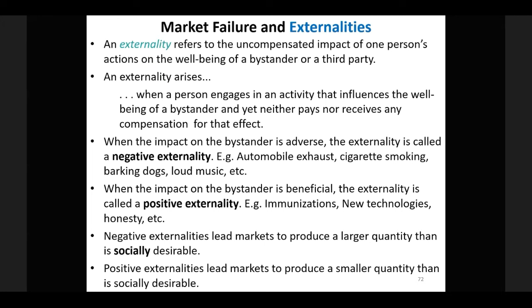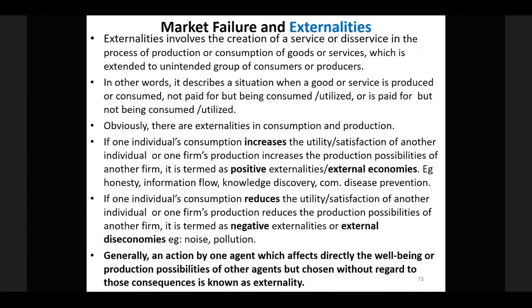When positive externalities are concerned, the market will produce a smaller quantity than the socially desirable level. So negative externalities, overproduction; positive externalities, underproduction. These are market failures because they deviate from the optimal social level of output that one will be interested in.